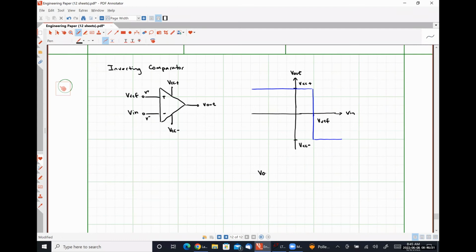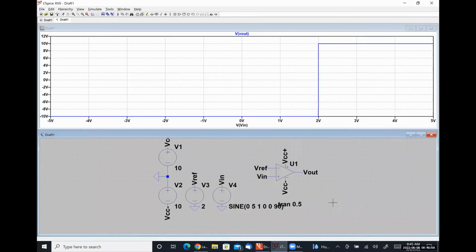So our output relationship here would look like VCC plus for Vn less than Vref and VCC minus for Vn greater than Vref.